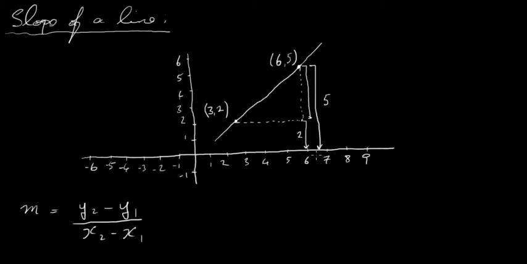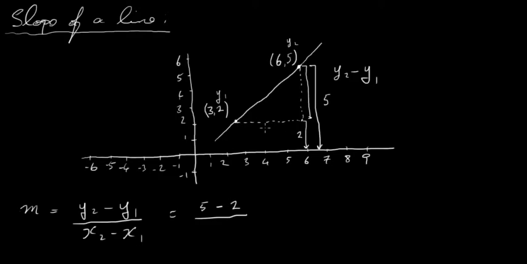So if we take 5 minus 2, it'll give us this distance here, which is in fact our y2 minus y1. If we call this our second y value, and this is our first y value, this is y2 minus y1, or 5 minus 2. So on the top line, we're going to have 5 as our y2. We're going to subtract the 2, and that'll give us this distance here on our triangle. So it's 5 minus 2.